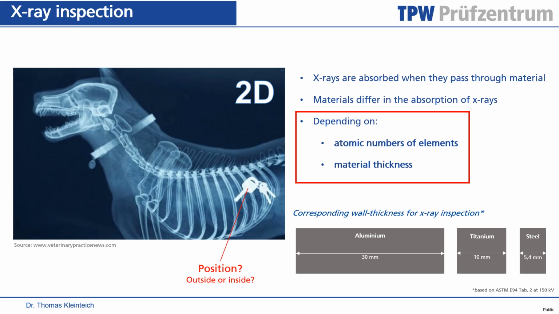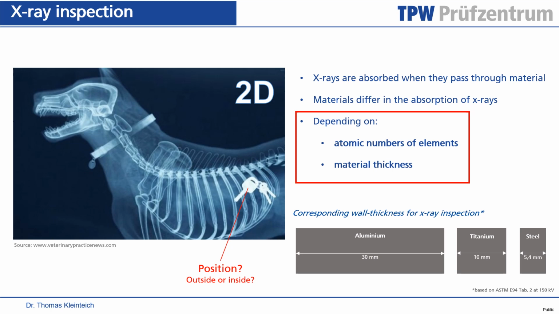However, if you don't know the dog and if you haven't seen the dog in itself, if you only know the X-ray image, you will actually not be able to tell where this keychain is. So the same picture you would achieve if you have a dog that hasn't swallowed the keychain, but where you place a keychain just outside the dog and take the picture from that side.